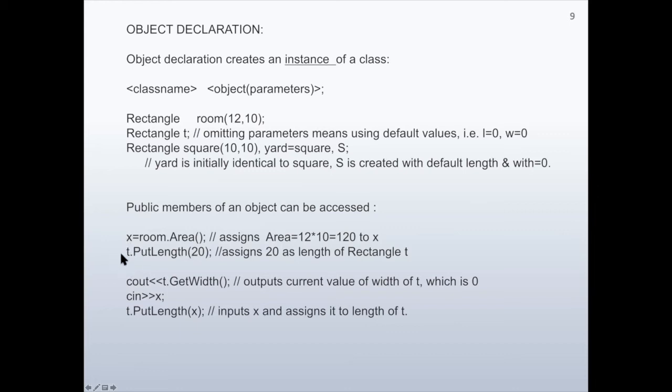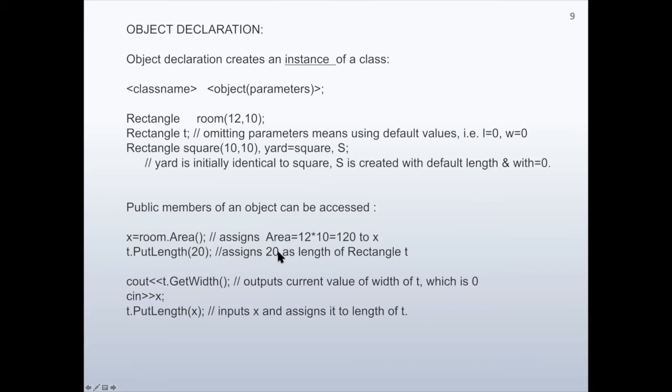In this line we have method putLength applied on object T. T was created by default values L and W as 0. So by this method, here 20 is provided as the argument.